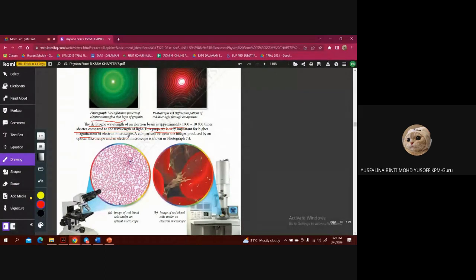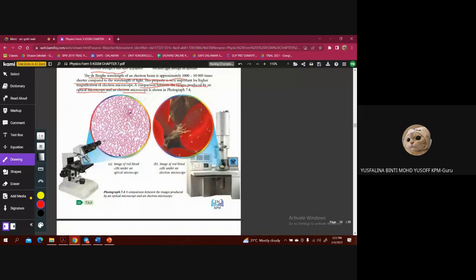Right, so a comparison between the image produced by the optical microscope and the electron microscope. This one is what you usually use in the lab, the bio light microscope, right? You can see the magnification is small, you cannot see very clearly. But this one can make the specimen become larger. This is the image of red blood cells under the lab microscope; it's just like a very tiny round.